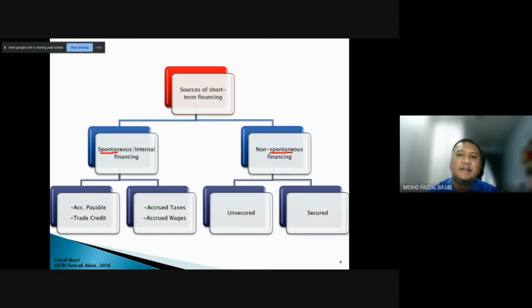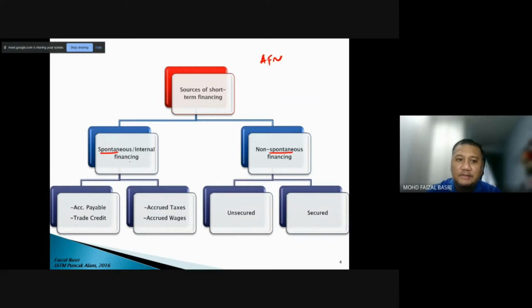Remember that? We have EFN, additional funds needed. Remember on the right hand side, which is the liabilities and equity side, there are some items we increase and some items we keep constant. The ones we increase are actually part of this spontaneous funding.